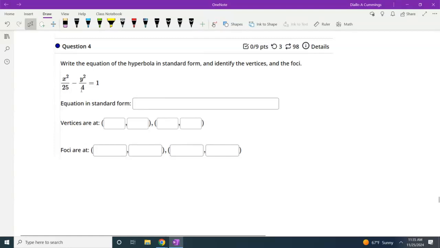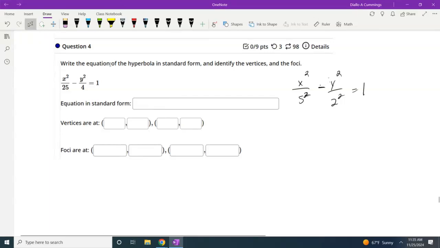So I'm simply going to square those denominators. So we have x squared over 5 squared minus y squared over 2 squared is equal to 1. Okay. That's pretty much what they want for standard form.